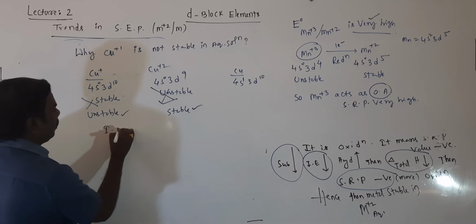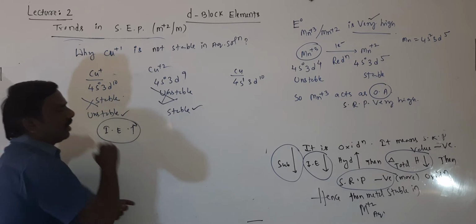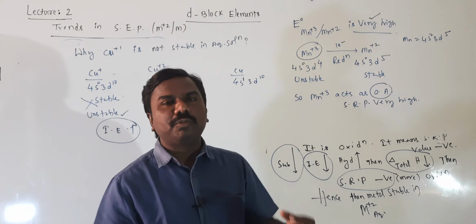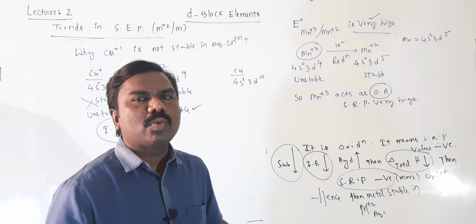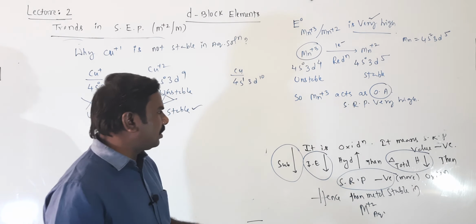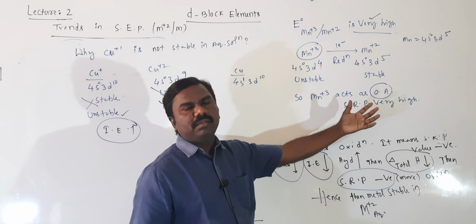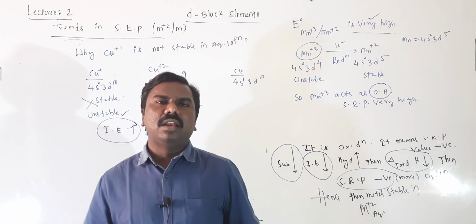Ionization enthalpy value increases. Even then, the ionization enthalpy value increases, but the hydration enthalpy value will compensate or balance the ionization enthalpy. It means the more releasing hydration enthalpy will balance the required ionization enthalpy.